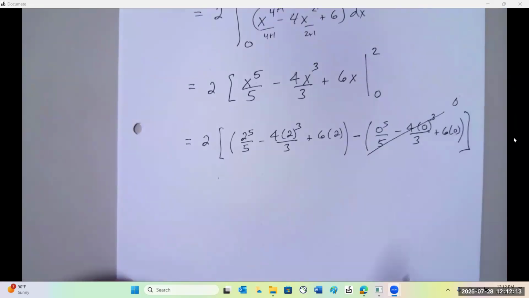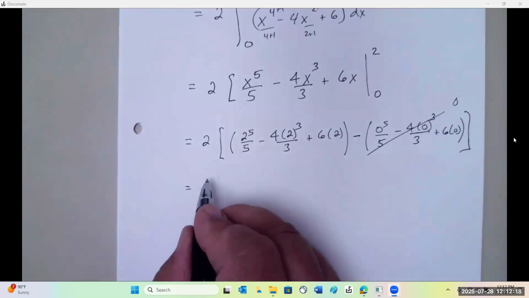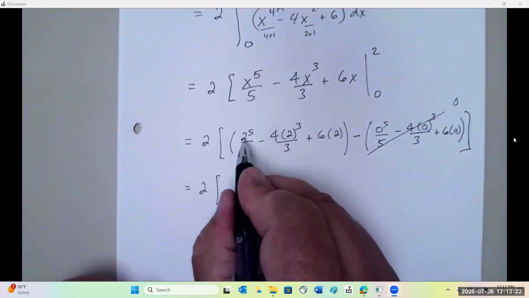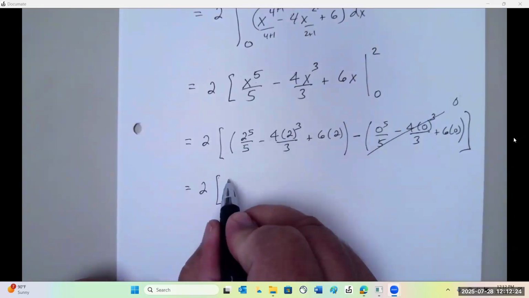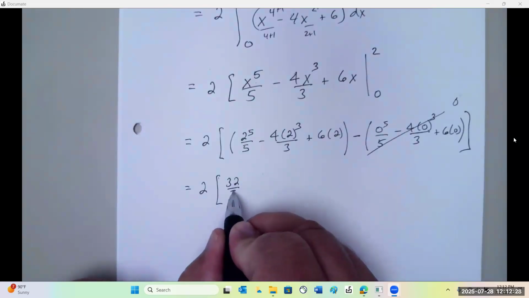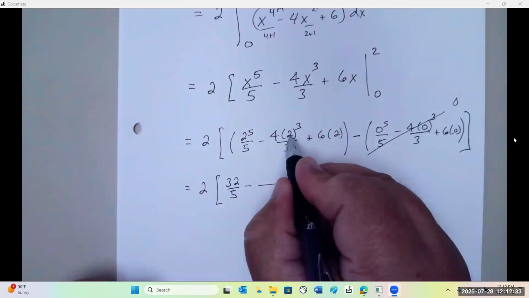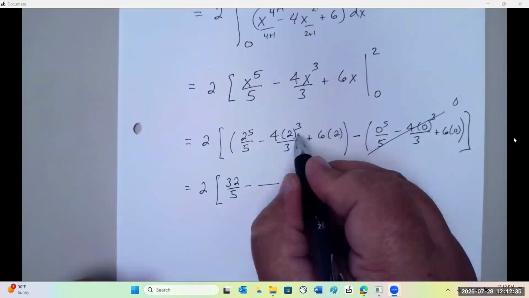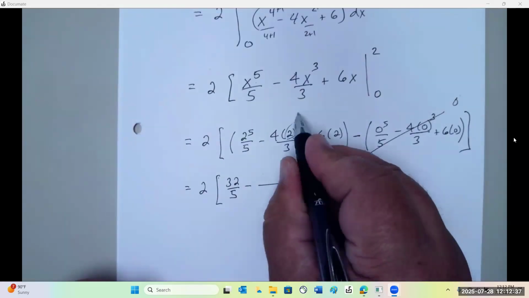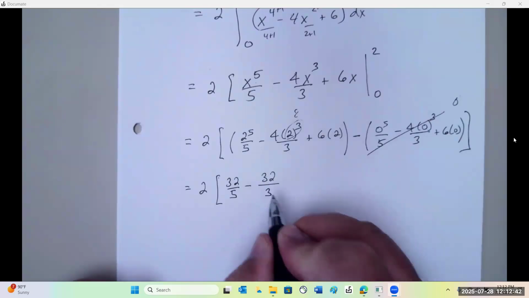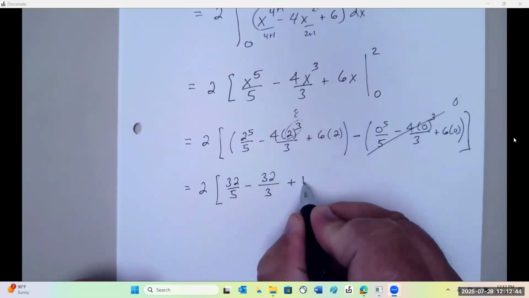All of these are 0, so it doesn't matter. Two to the 5th is 32 over 5, minus 2 to the 3rd is 8, 8 times 4 is 32 over 3, plus 12.